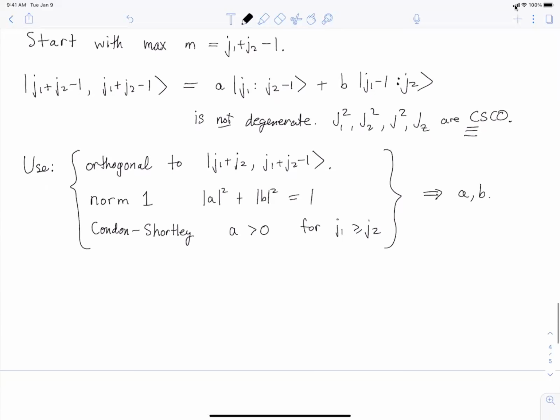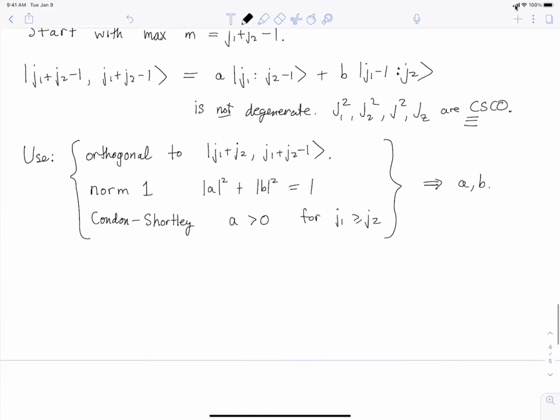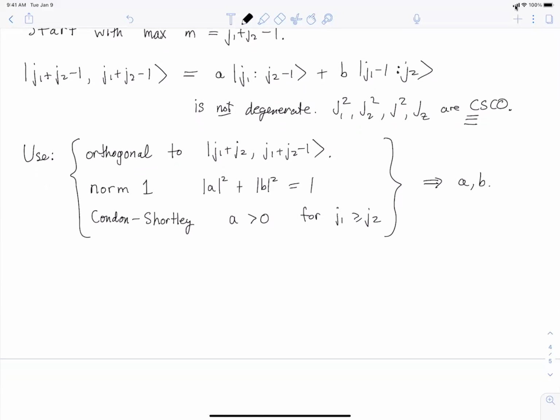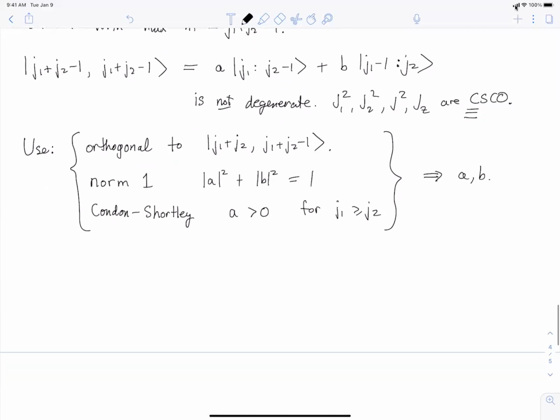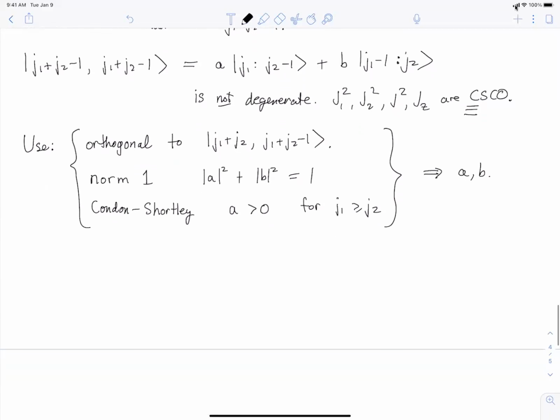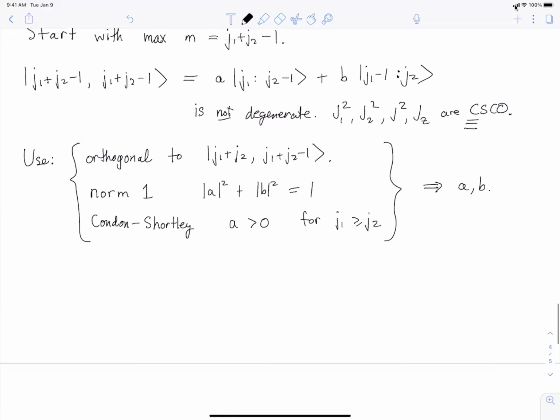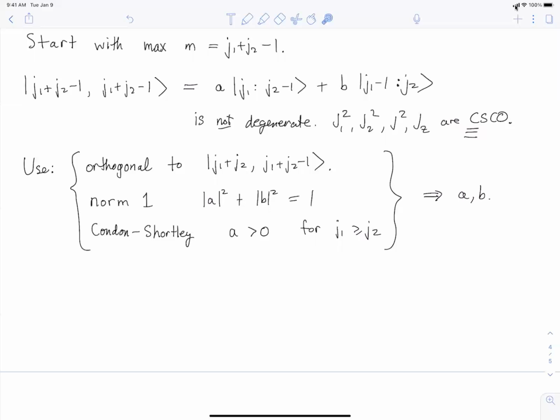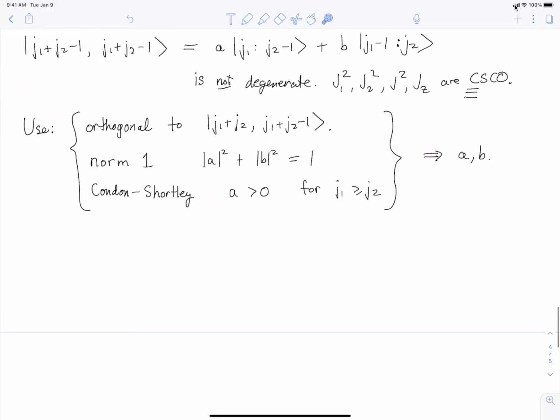Okay, and in fact, I could actually write that out for you, but we're not going to be able to write the general relation for all these coefficients anyway. So I will skip doing that solution directly. Instead, this is just all about the strategy. So the strategy is, now that we've got this state, we're going to just start acting with J minus again.